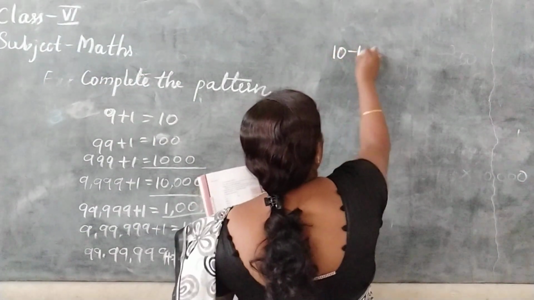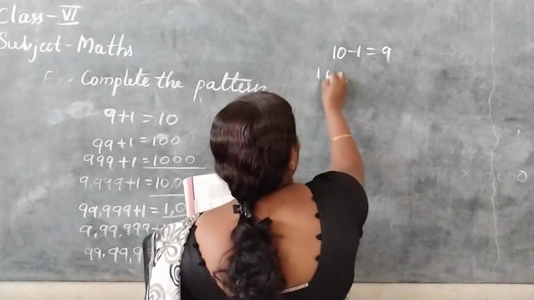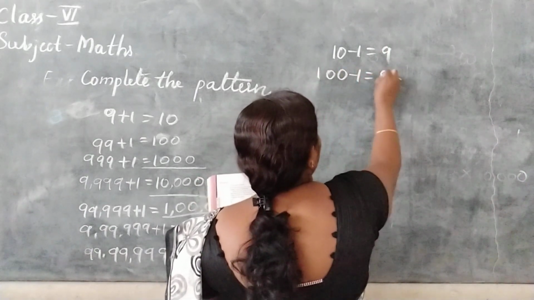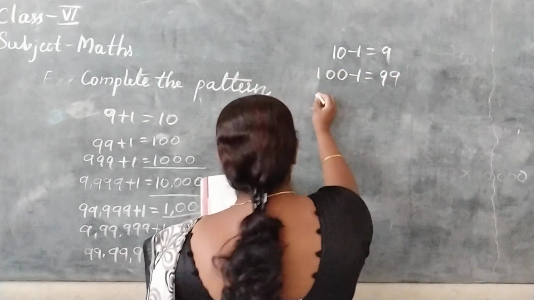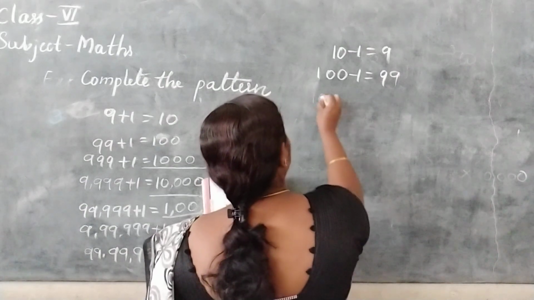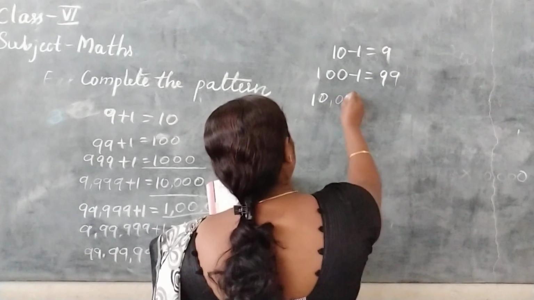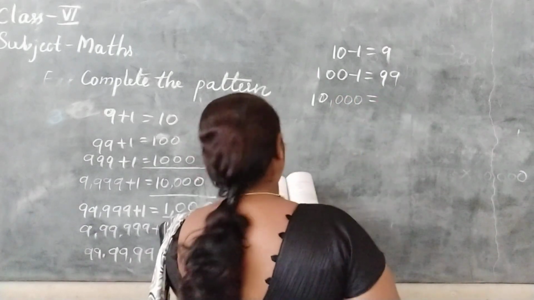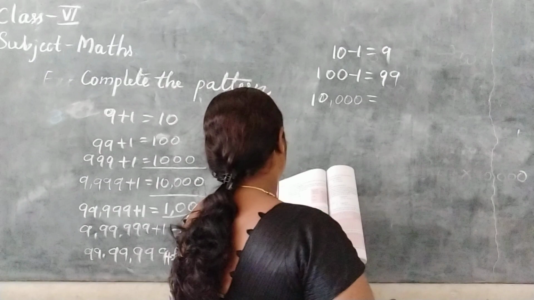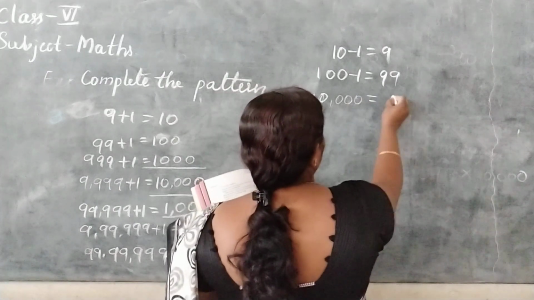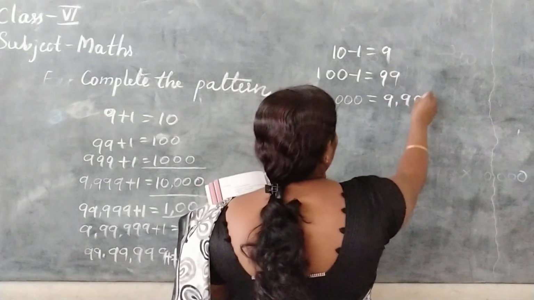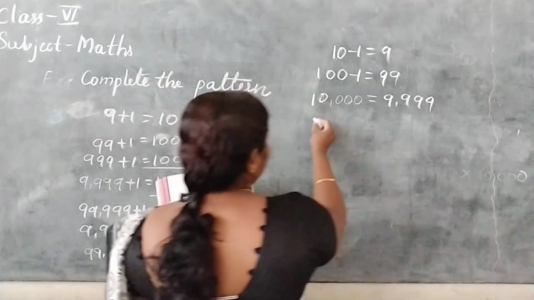What is 10 minus 1? That is 9. What is 100 minus 1? That is 99. Next, what is 10,000 minus 1? This is 9,999.